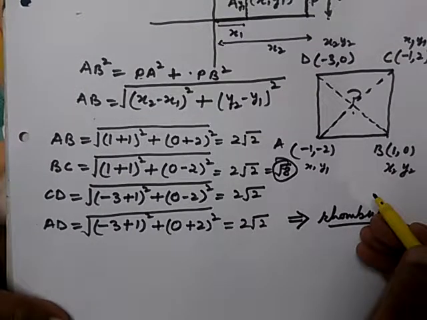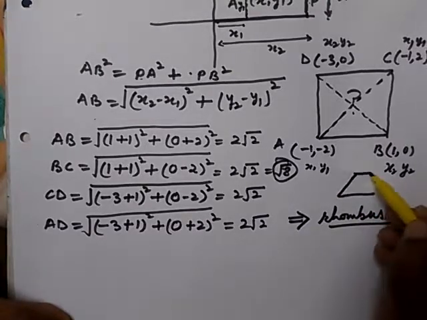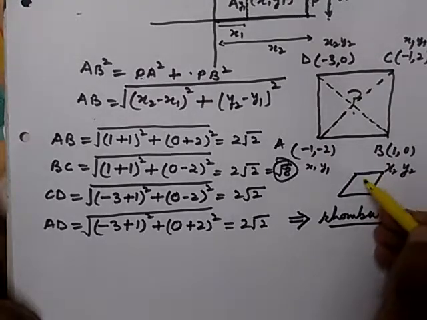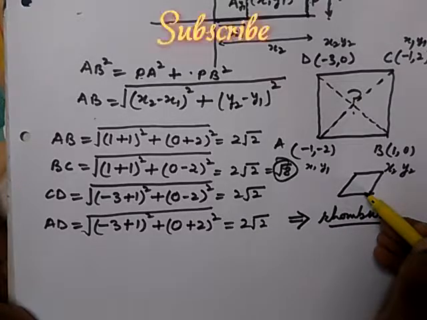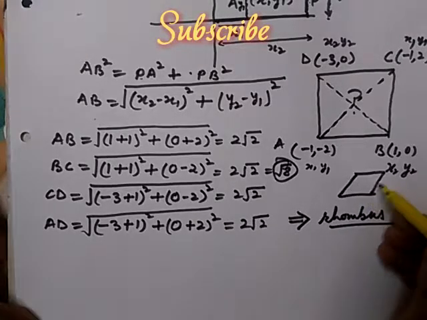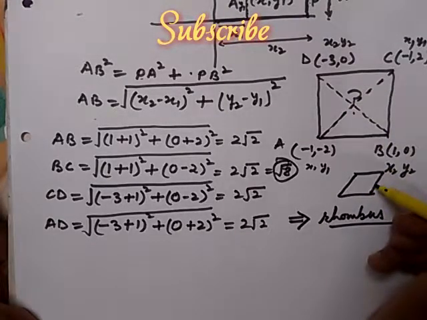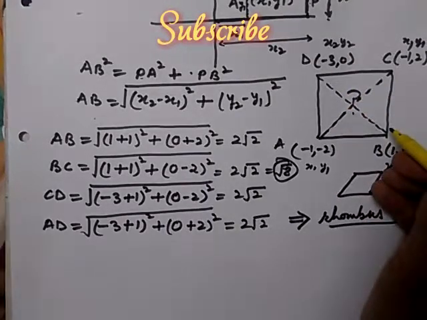You know the properties. For this, you must memorize or know the properties of a rhombus and a square. Let me illustrate once again: this is a rhombus whose all sides are equal, but diagonals are not equal. Why are the diagonals not equal? Because corner angles are not of 90 degrees. This is a square. Why? All its sides are equal, like a rhombus. But what is the difference? Its diagonals are equal. And why are these diagonals equal?